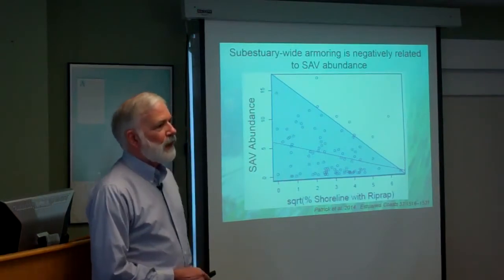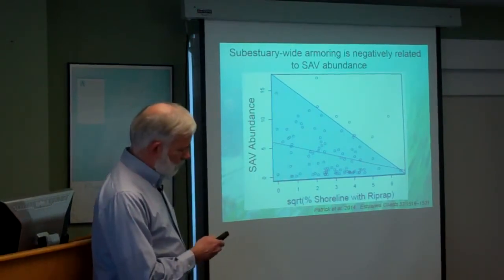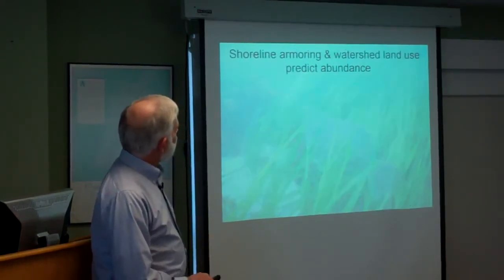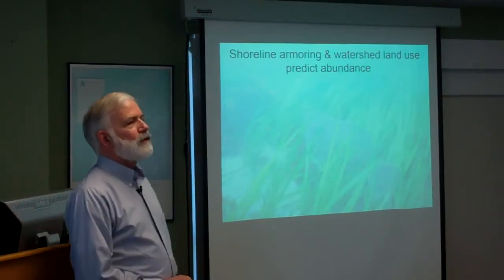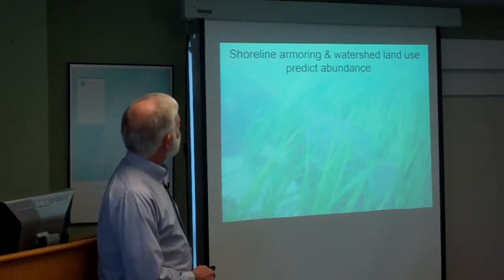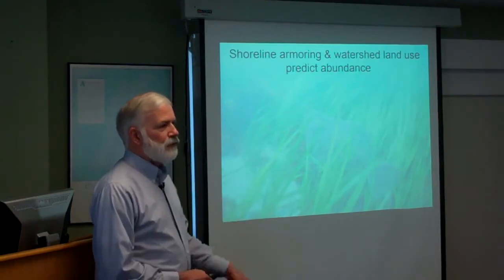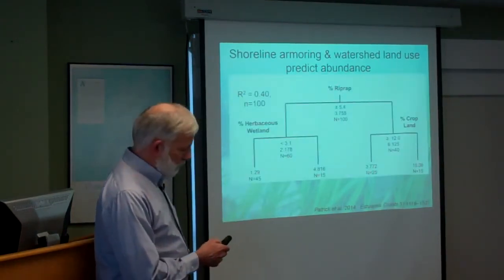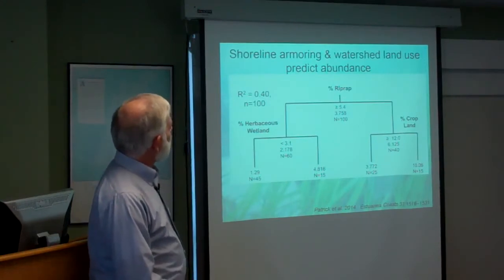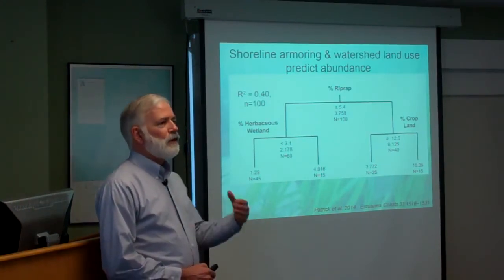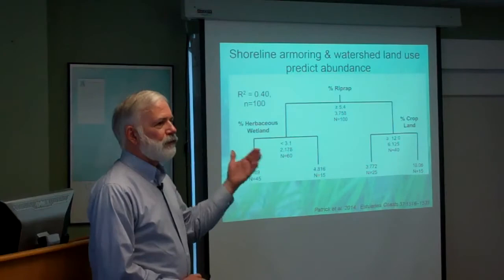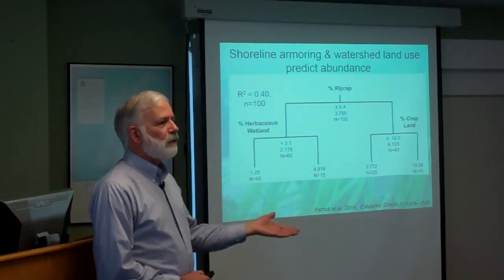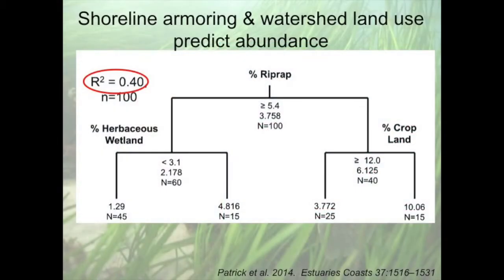So one approach to that is to look at multivariate models. This is an example of one of the models that we attempted, which showed that a combination of shoreline armoring and land use could predict SAV abundance pretty effectively. This is a CART model. CART is good for things that don't necessarily follow a strict linear relationship, like these triangular distributions that I showed.